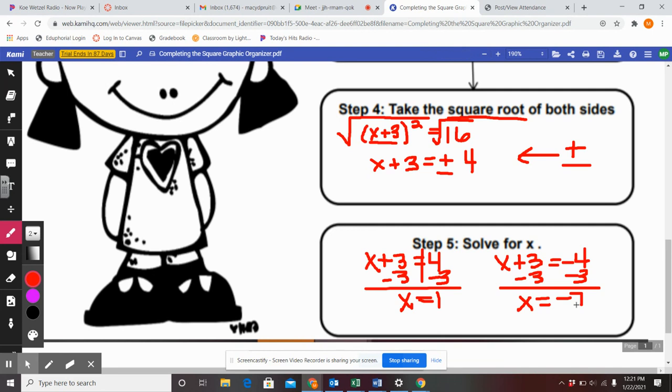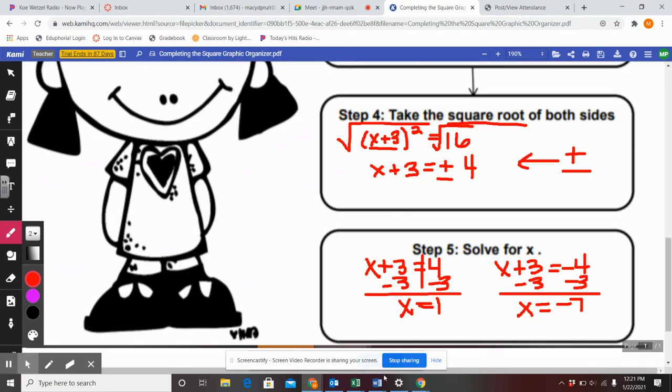Hello. Good, how are you? Oh, good. Just teaching some completing the square. We're gonna get out of your hair by 4:30, 4:45. Of course.